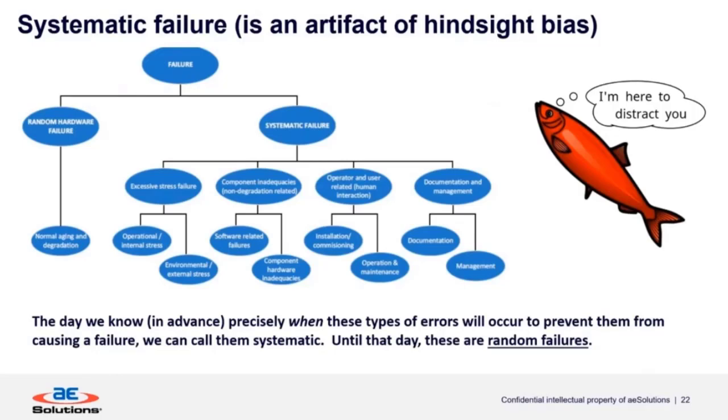If we have a failure pattern where we have a sharp increase in failures occurring after, say, 5 years, then you know when, and those are not random. That's the point, knowing beforehand when a failure will occur, an error will be made. Then you can call it systematic, or more appropriately, an age-related failure.